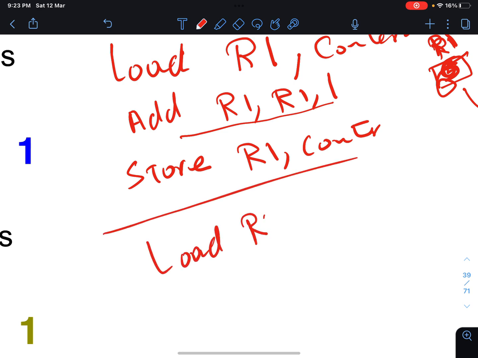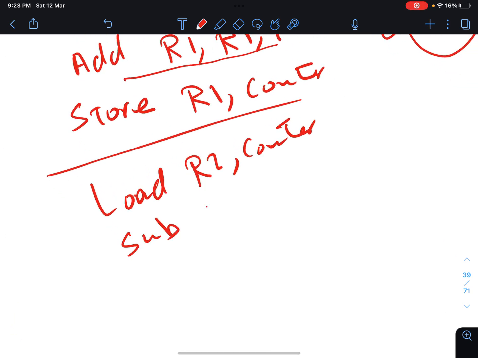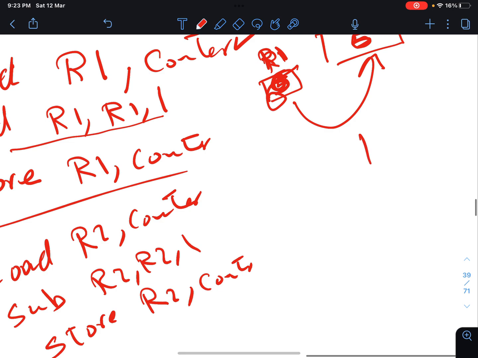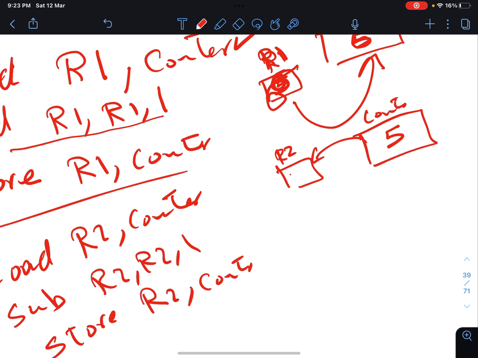Load R2 counter, subtract R2 and 1, and then store R2 and counter. Look what's going to happen. Here is the same counter. It was 5, right? Load to R2. So R2 is 5. Then subtract 1. So now R2 is 4. And then store. So now counter is 4.